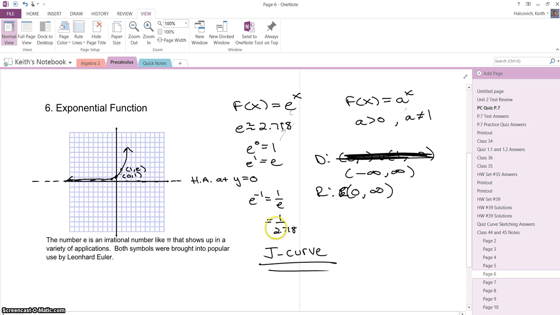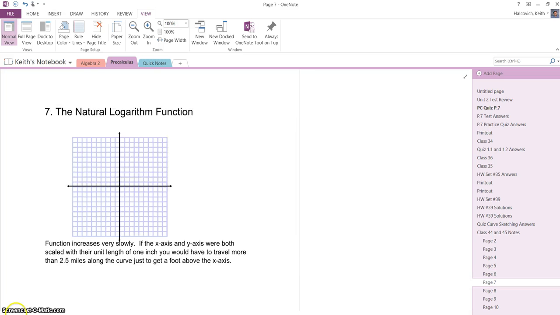But you can put in any number for x, and you get out only numbers that are positive for y. The natural logarithm function, or any logarithmic function, we'll do natural, is f of x equals the ln of x. It's the opposite or inverse of the exponential.